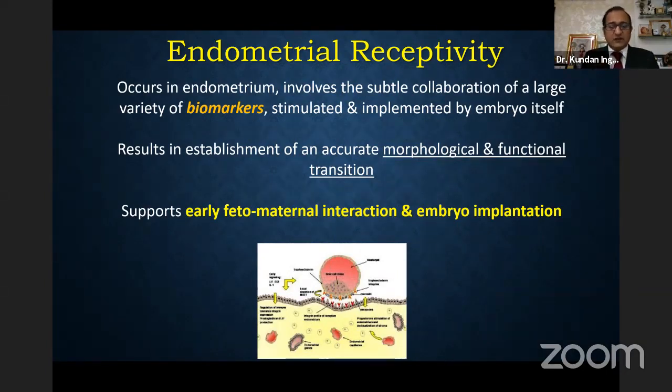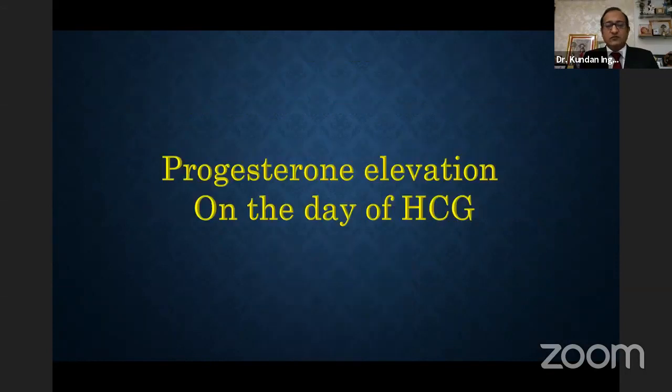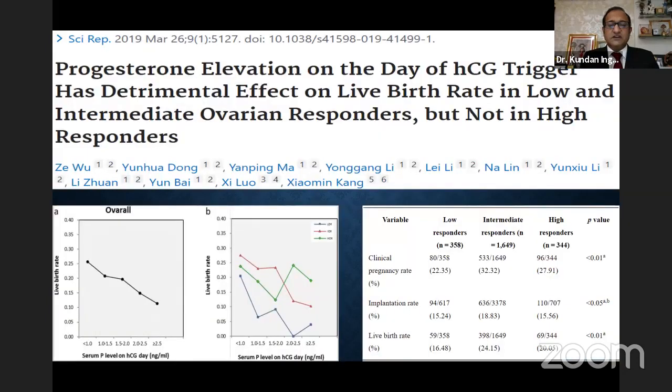The developed endometrium becomes a favorable endometrium, which allows early fetomaternal interaction and embryo implantation, and there are important factors which affect endometrial receptivity. One factor is progesterone elevation on the day of hCG trigger when it is a fresh embryo transfer. This was the evidence in 2019.